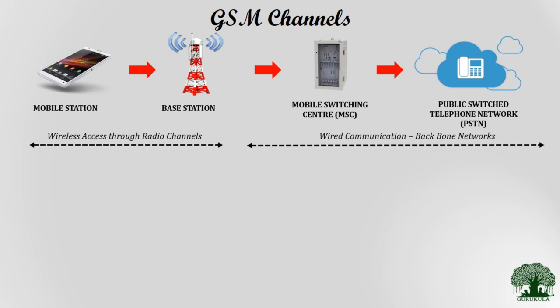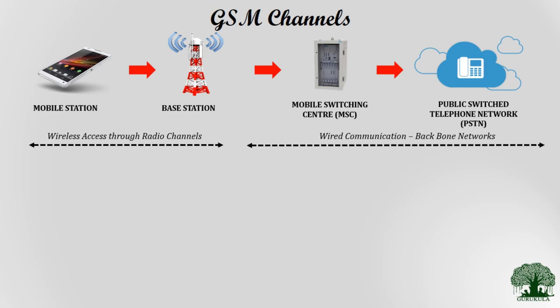And in wireless communication, I am interested to focus only on this particular section, because this is where the wireless communication exists, and the rest of the parts will be connected by wired communication.